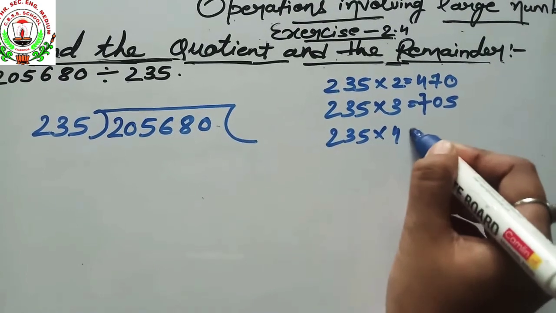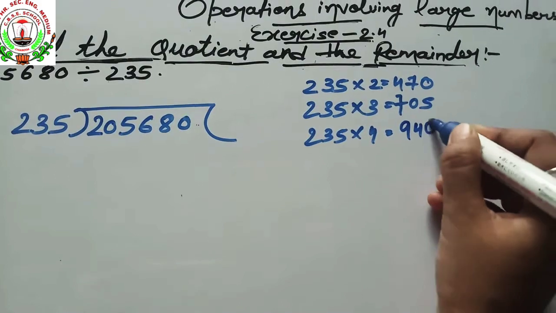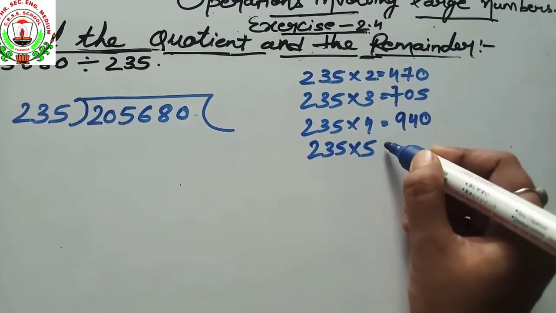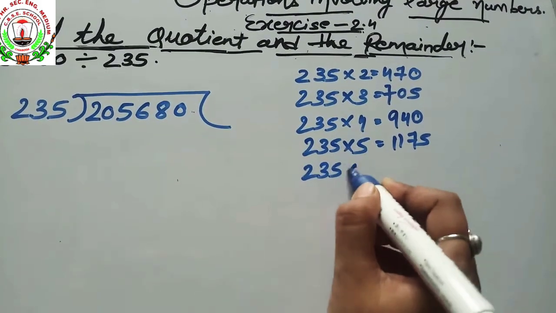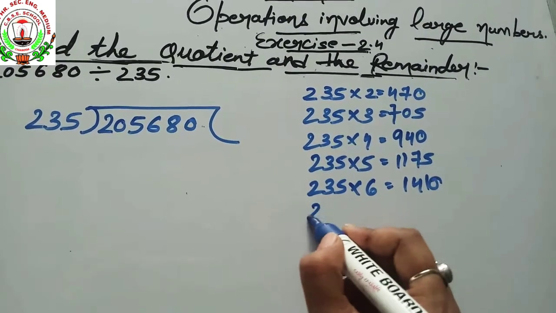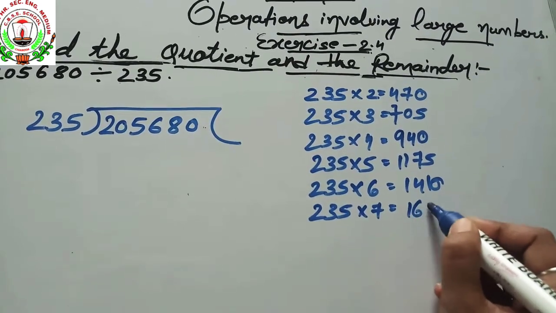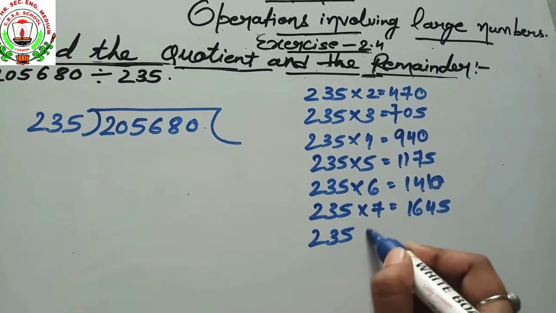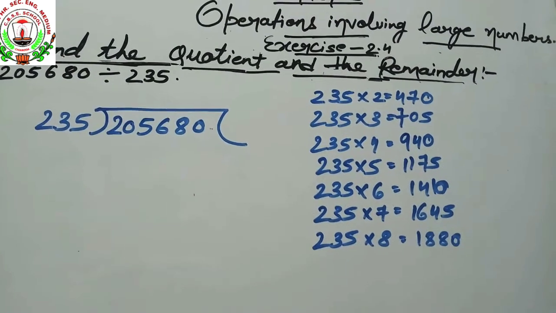Multiplied by 4 is 940. 235 multiplied by 5 is 1175. 235 multiplied by 6 is 1410. 235 multiplied by 7 is 1645. 235 multiplied by 8 is 1880.